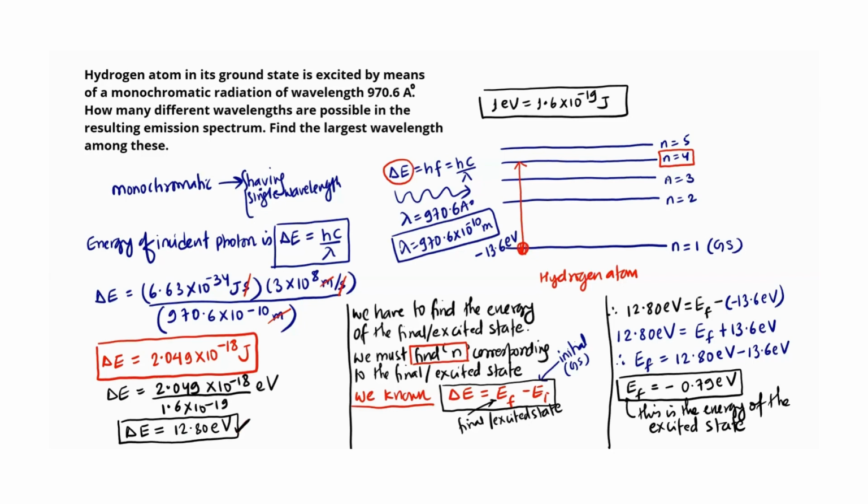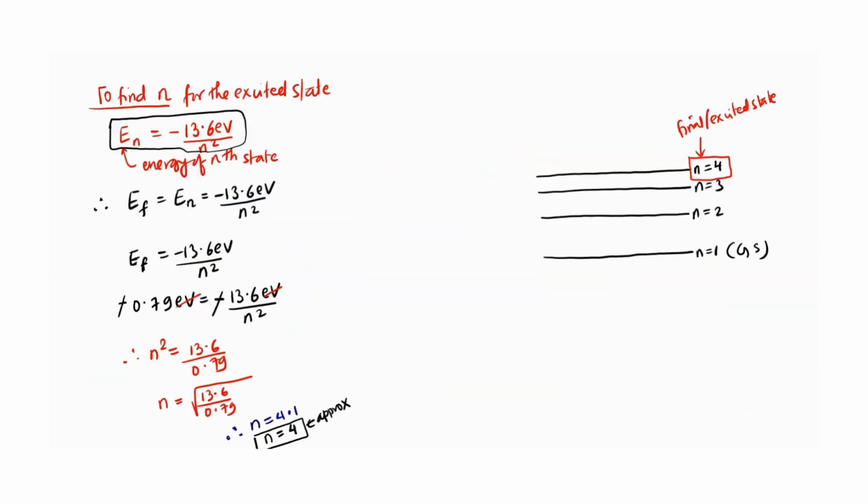Now we are asked to find how many different wavelengths are possible, so we have to find the number of wavelengths possible. The hydrogen atom is excited from n equals 1 to n equals 4.